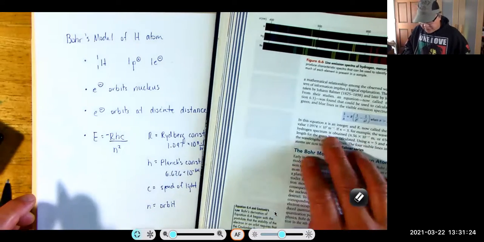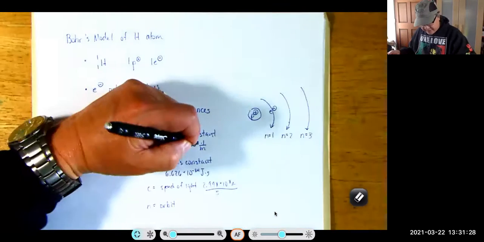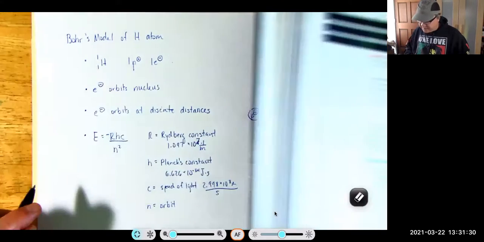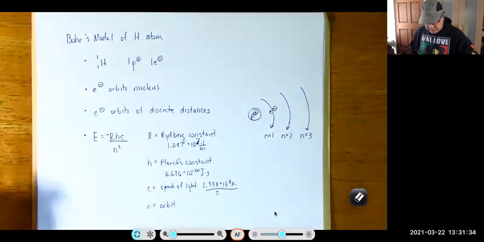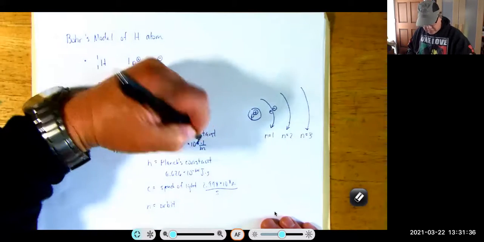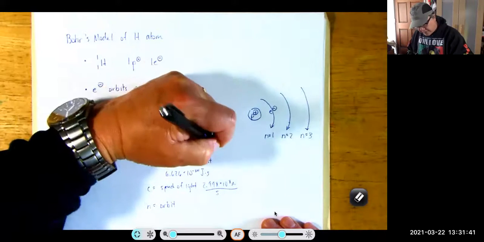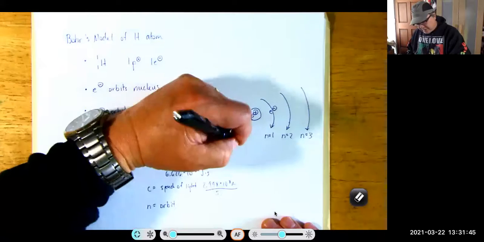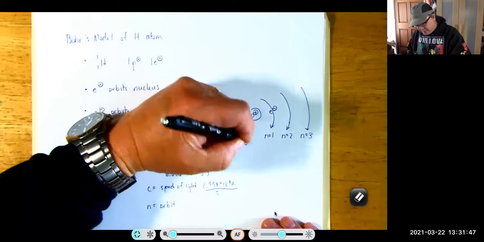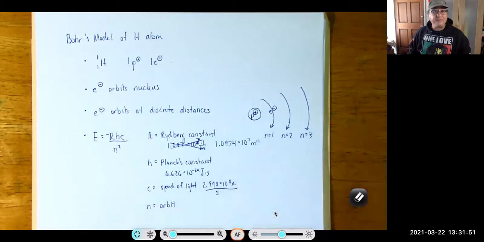And Rydberg's constant is 1.0974 times 10 to the 7th per meter. Okay, so I'm going to cross that out so you can see that more closely. 1.0974 times 10 to the 7th. And the book says meter to the -1, which is the same as saying per meter.